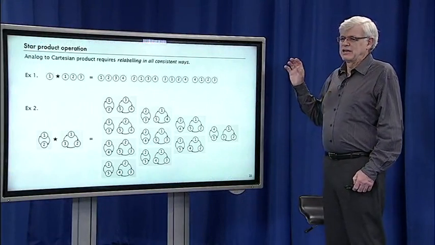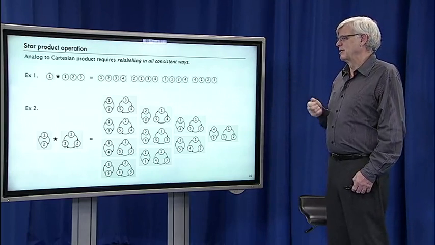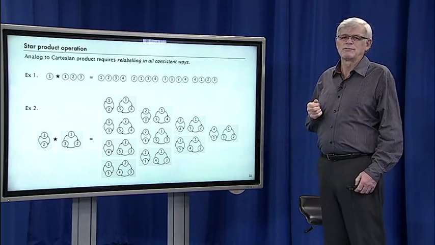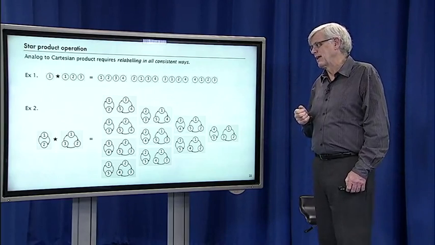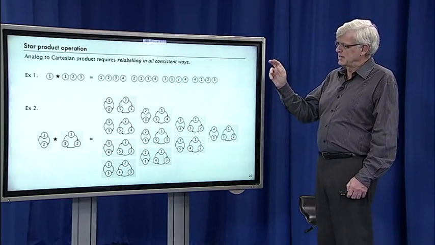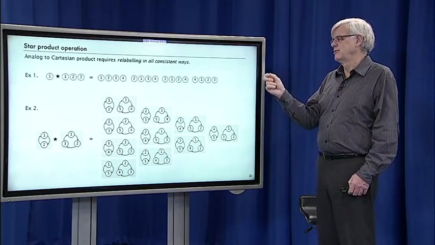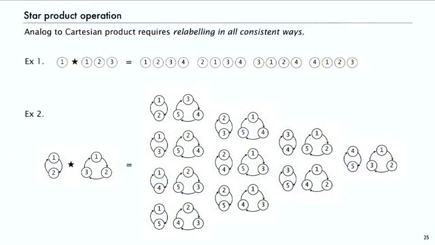So what about the analog to the Cartesian product operation? Well, it's much more complicated for labeled classes. When we take the product of two classes, in this first example, we call it the star product: 1 star product with 1, 2, 3. What we're going to get is objects of size 4, but they have to be numbered from 1 to 4.